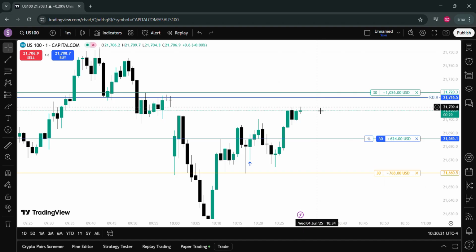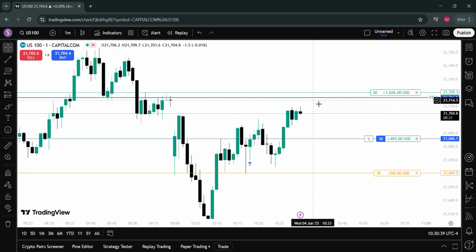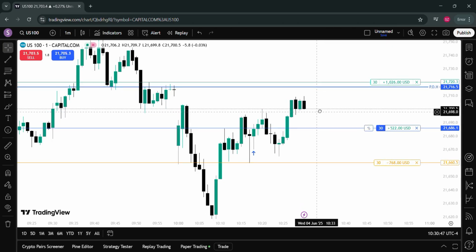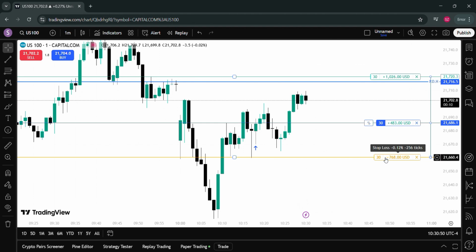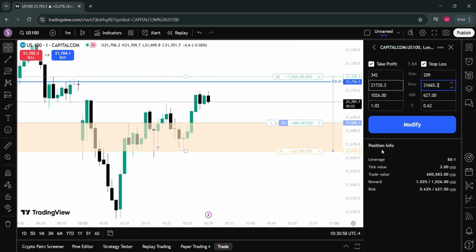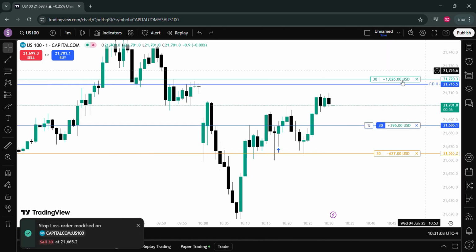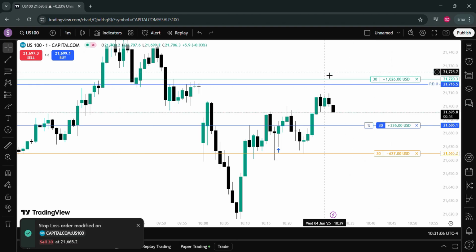We're just going to have patience, patience, patience. We want it to go till here. Now you can take a little risk off. Put your SL below this low. And then you're going to wait for the price.